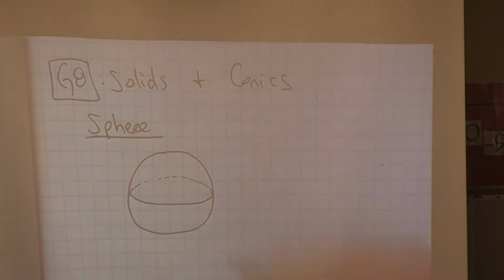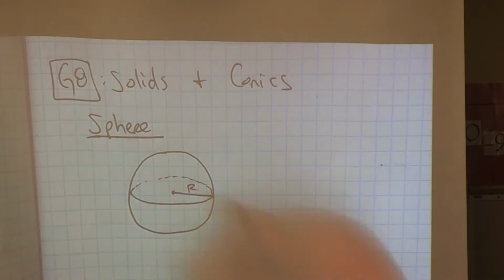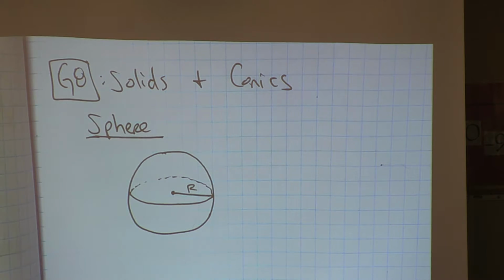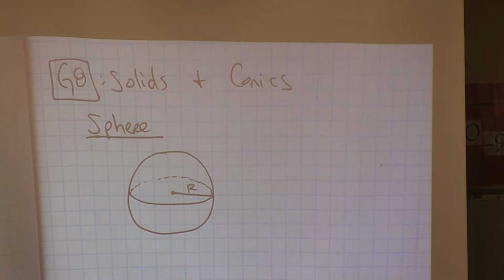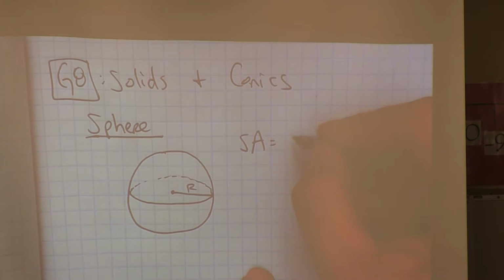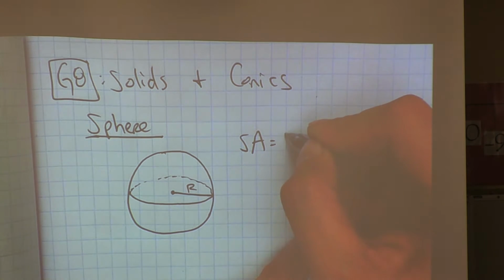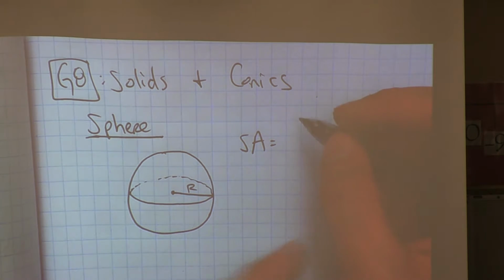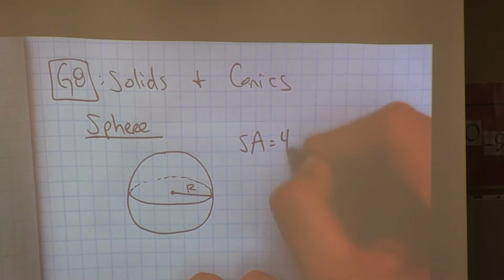Spheres, like all circular objects, have a radius. And we've already talked about the surface area of the sphere. The surface area of the sphere is 4 times pi times r squared.